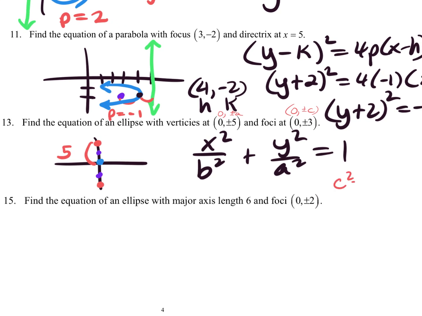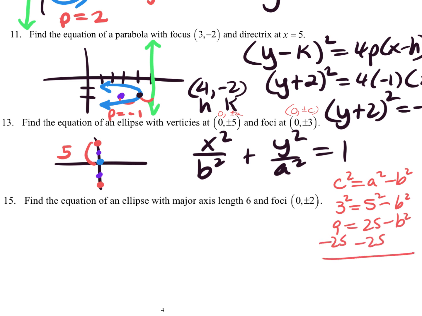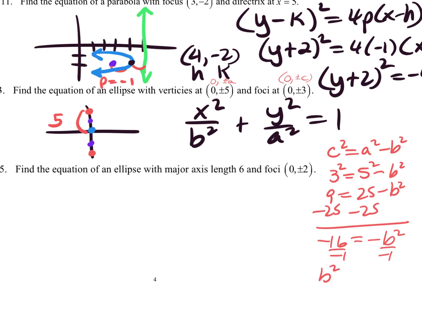So I have to do c² equals a² minus b². So c was 3, a is 5. Square them, subtract them, and I get -16 equals -b², divide by -1. So b² is 16. So my equation is x² over 16 plus y² over 25.